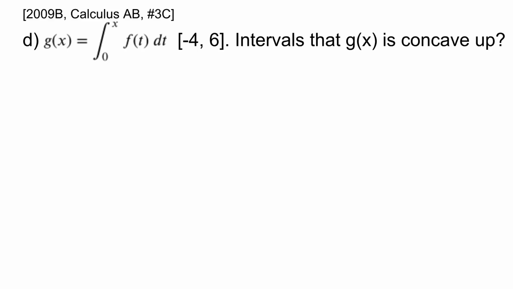In part D of this question, we define the function g of x to be the integral from 0 to x of f of t dt over the interval from -4 to 6, and then are asked to determine on what intervals g of x is concave up.